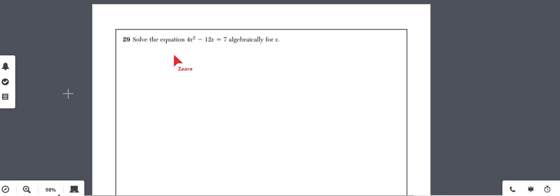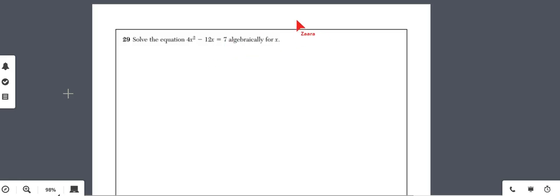Solve the equation x squared minus 12x equals 7. So it is to solve the equation algebraically for the value of x, right? So what do we have to do? We have different options.